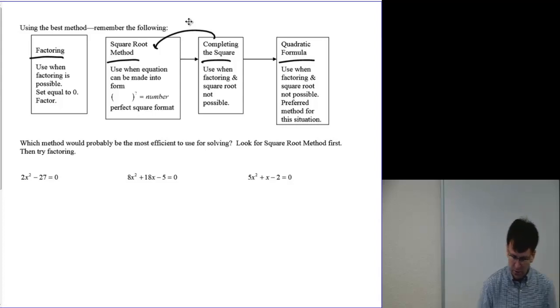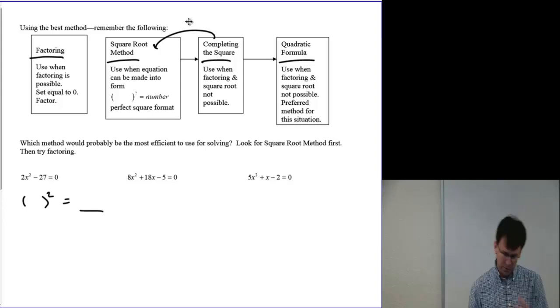So if I saw 2x squared minus 27 equals 0, I would be looking at this and saying, is it possible that I could make it look like something squared equals a number on the other side? Now this one's kind of hiding in the weeds. I only have an x squared. So I could simply get the x squared all by itself on one side.